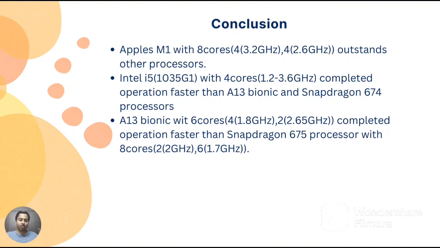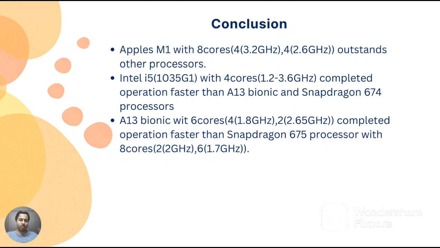In spite of the number of cores being the same, the Apple A13 Bionic chip had the upper hand here due to the clock speed of the individual cores. So the Apple A13 Bionic chip is much better in performance and in execution of this program in this experiment.